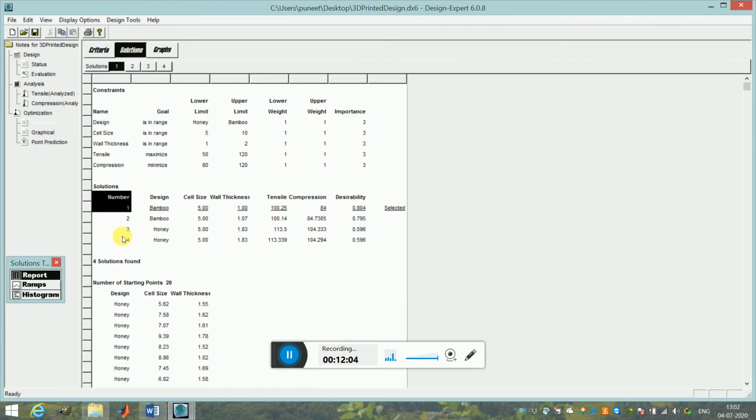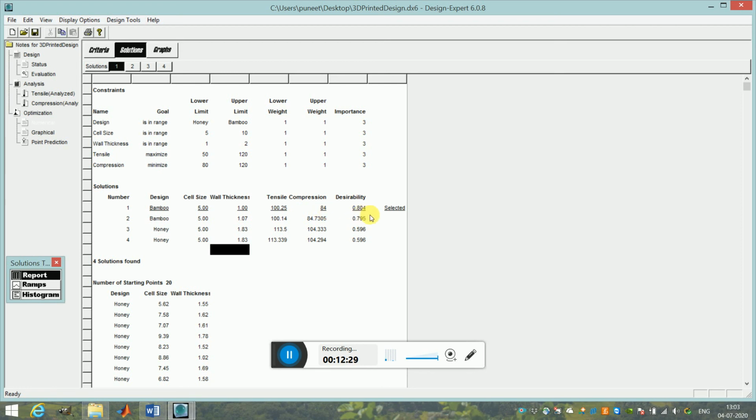So here I have got four solutions. This tells me that with bamboo I will get the results which I am looking for. The bamboo design, with this cell size and this wall thickness, will give me this tensile strength. This is the predicted, estimated value, and this much would be the compression.